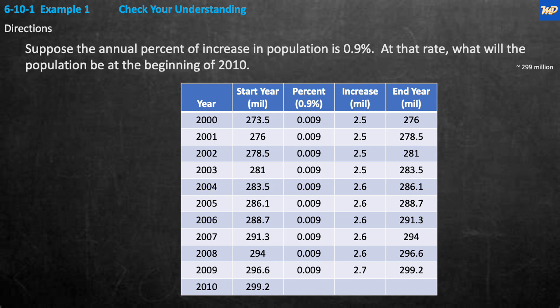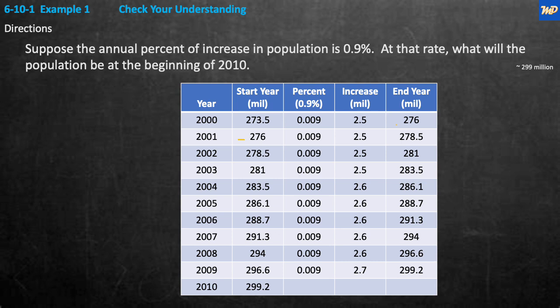The increase started off at about 2.5 from 273.5 million times 0.009. The ending first year is 276, and then we carried that 276 over to the start year of 2001, and we repeated that over and over each time.